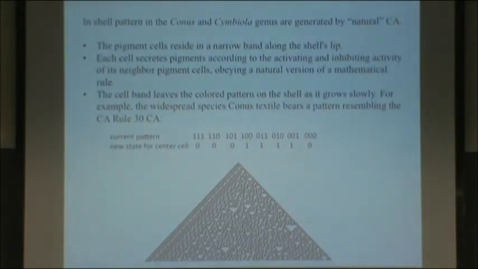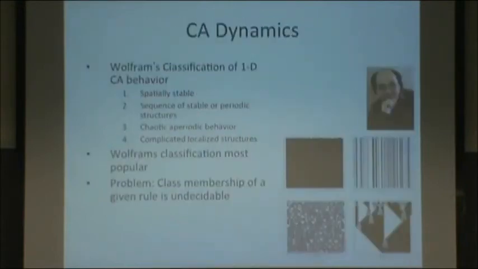So let's talk a little bit about, I already showed you this, the dynamics. Stephen Wolfram studied it further, and all these 256 rules, he categorized into 4 classes. He said some are spatially stable, such as this one. I'm sorry you can't see, but it says class 1. Those settle into a very stable pattern.